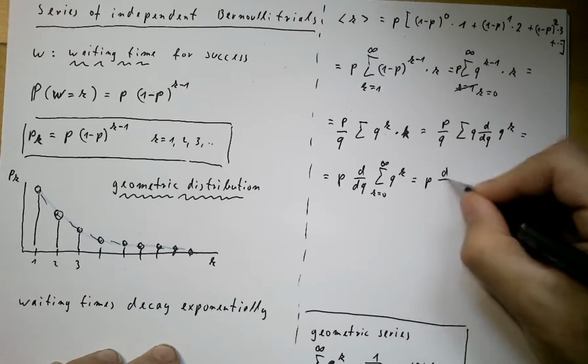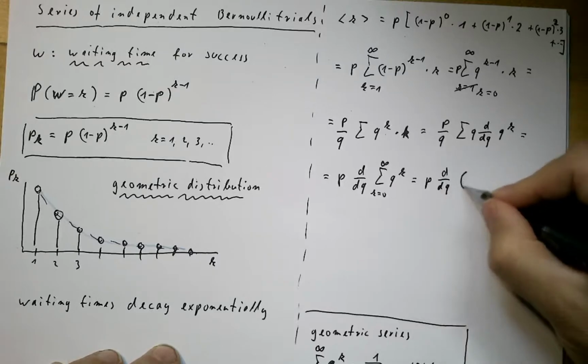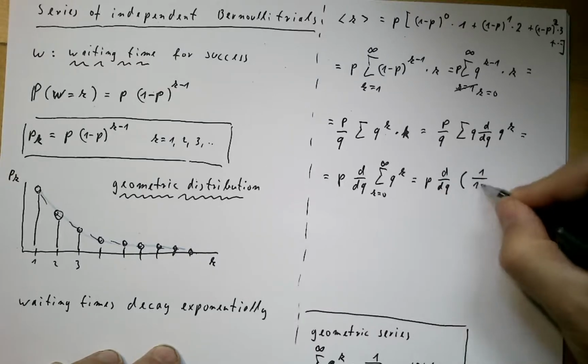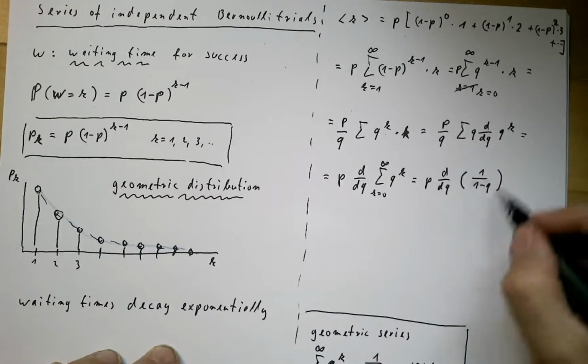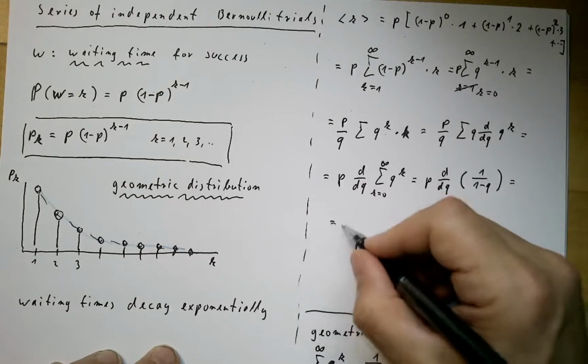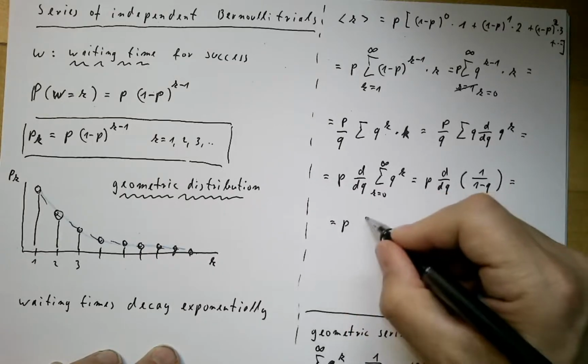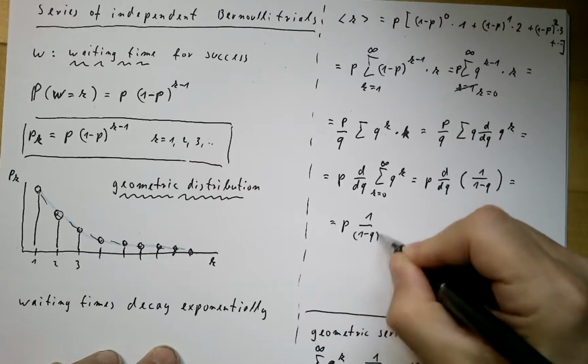p d over dq of the geometric series, which is 1 over 1 minus q. And now we need to take the derivative of 1 over 1 minus q. So we have p, and then we have here 1 over 1 minus q squared.